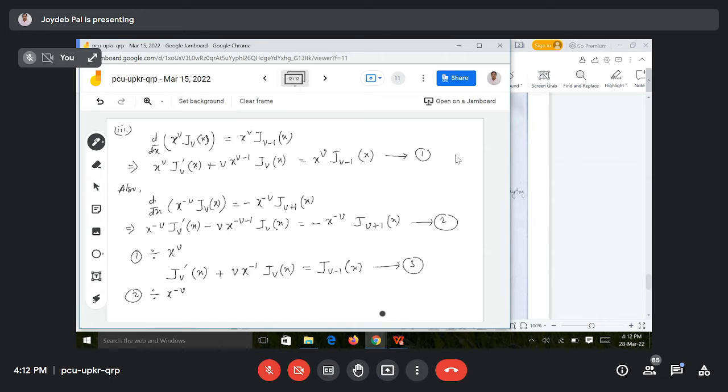Then it will be J nu dash x minus nu x to the power minus 1 J nu x is equal to minus J nu plus 1 x.